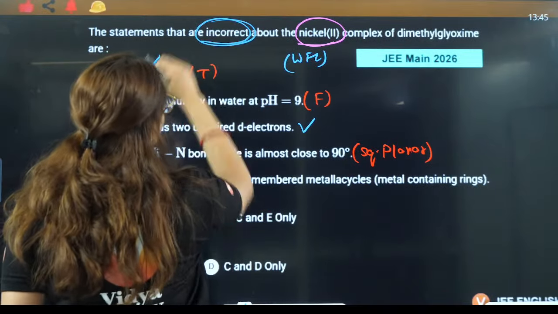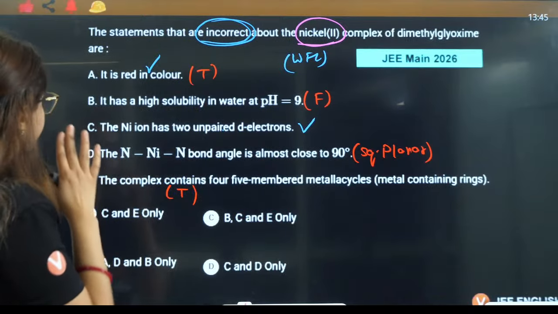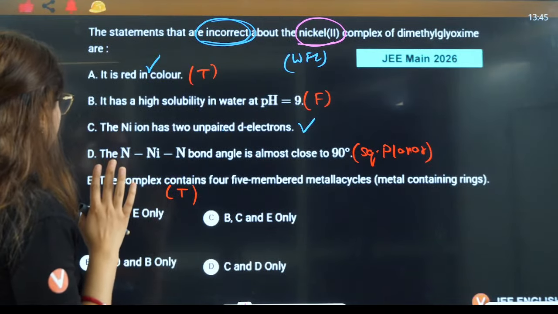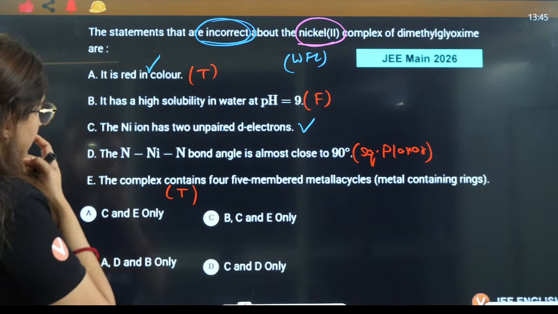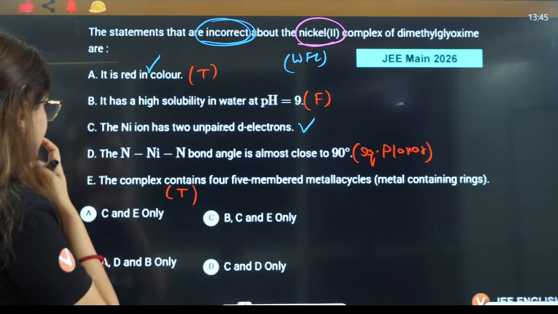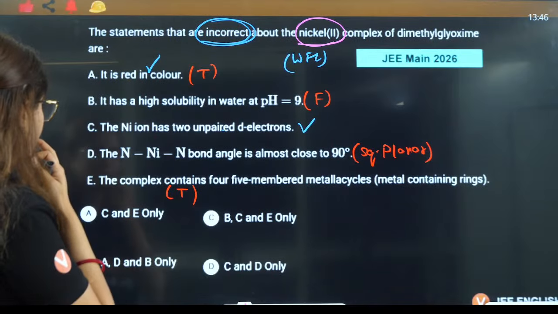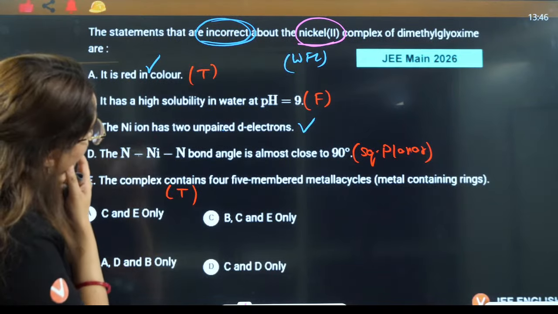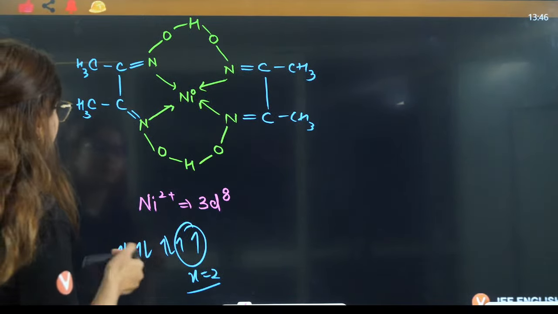Okay, okay, okay, incorrect statements they're asking. Wait a minute. Incorrect about nickel DMG. Wait a minute.